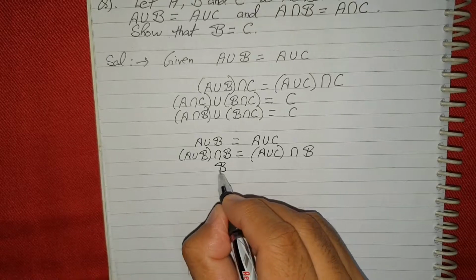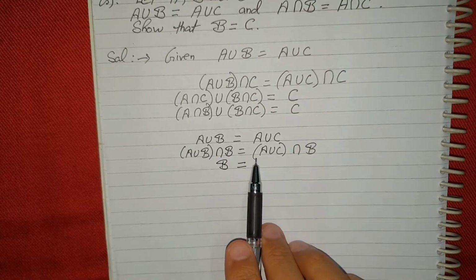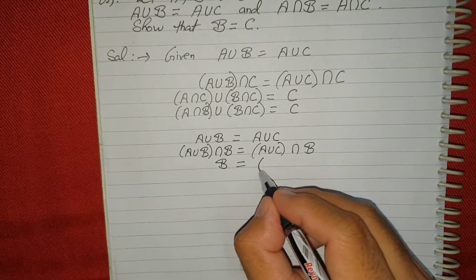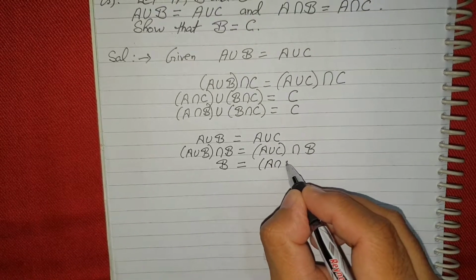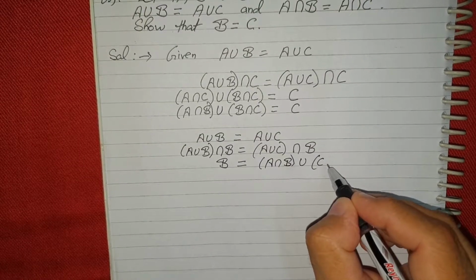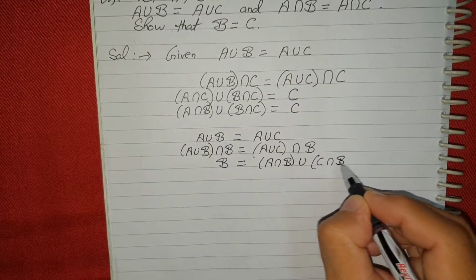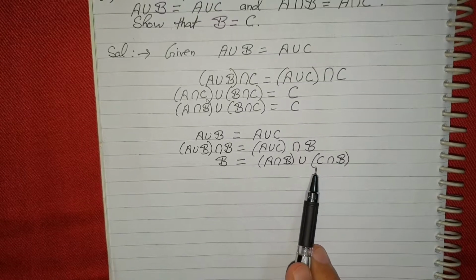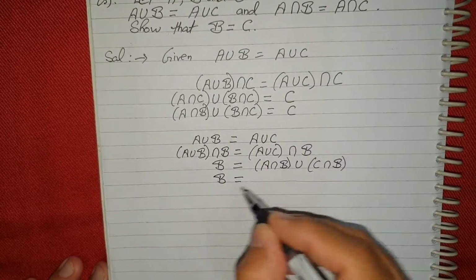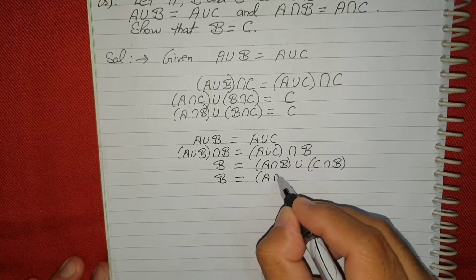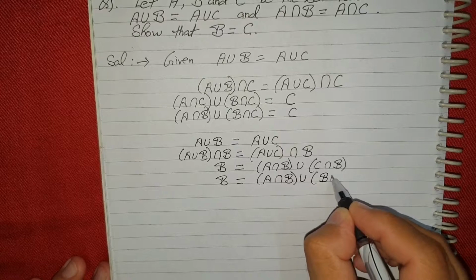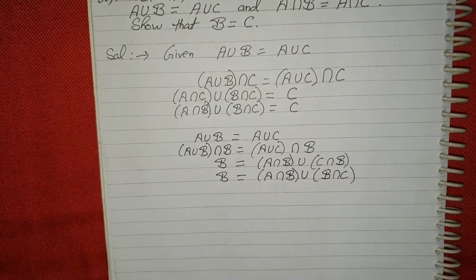So this is B equals, now applying the distributive law in this, you will get (A intersection B) union (C intersection B) by the distributive law. But we can write C intersection B as B intersection C. That's the same thing. So basically this B equals (A intersection B) union (B intersection C).